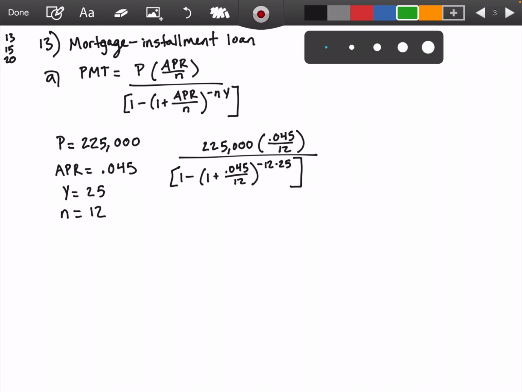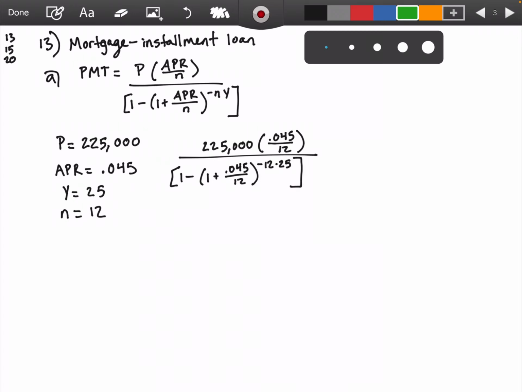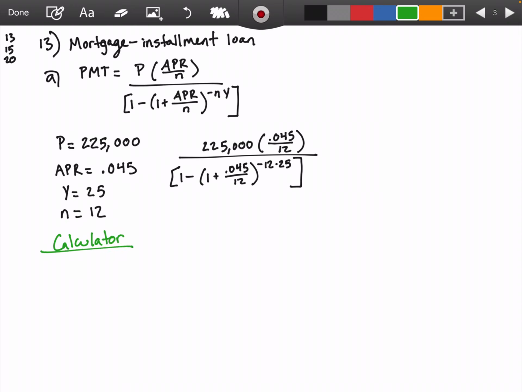All right. Moving that over. Let's see. I'm going to do this part. So I'm going to do 1 plus 0.045 divided by 12, my second parentheses, raised to the negative 12 times 25.